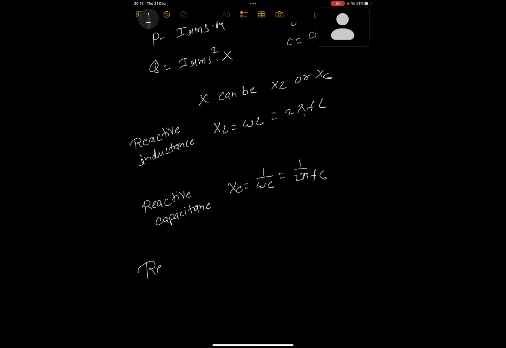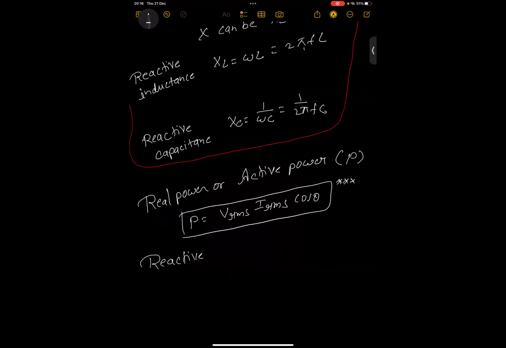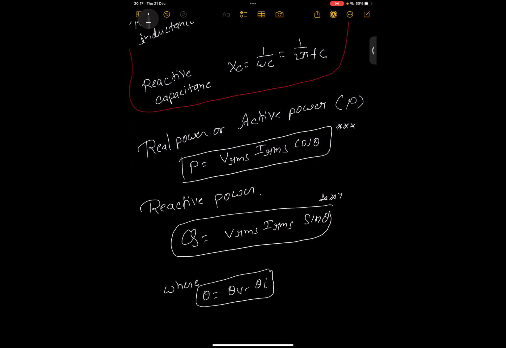VRMS IRMS cos theta, and reactive power represented by the Q, VRMS IRMS sine theta. Okay, where in both formulas theta is nothing but theta V minus theta I, the angle difference between voltage and current wave.